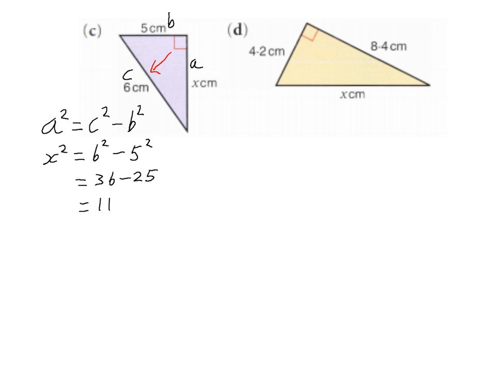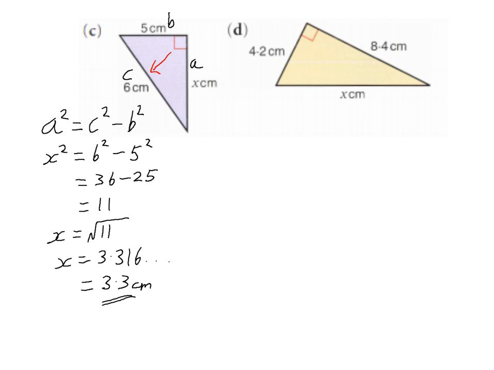That leaves us with 11. Remember that is x squared, so to find x, we need to take the square root of 11. The square root of 11 comes out at 3.316 and then loads of other numbers. And I'm going to round that to 3.3 centimetres.